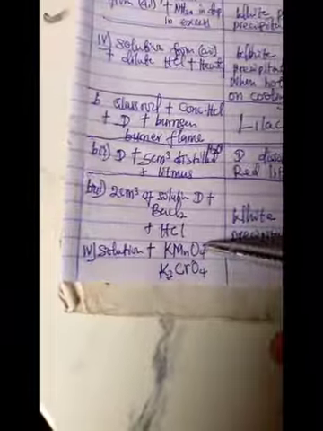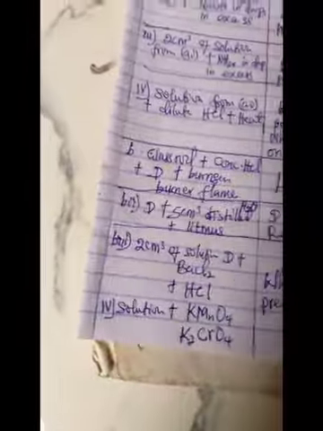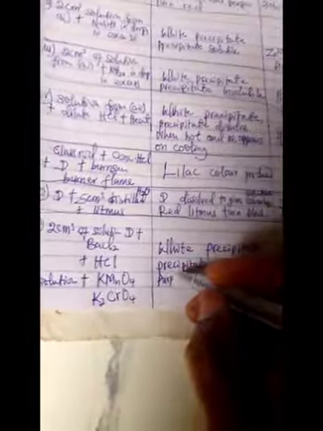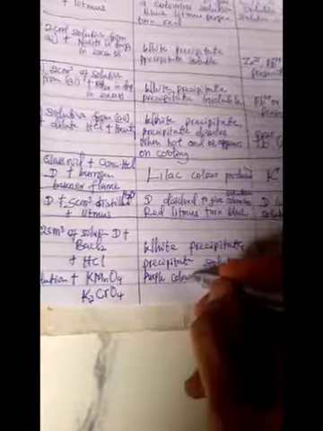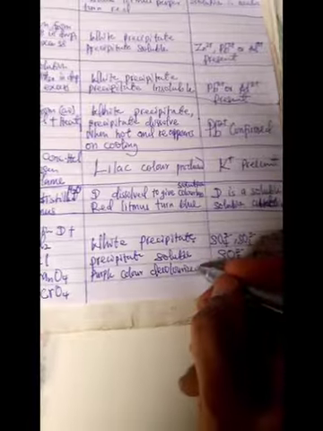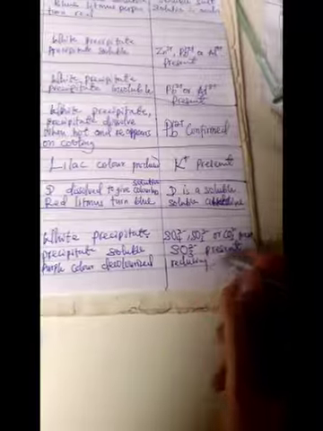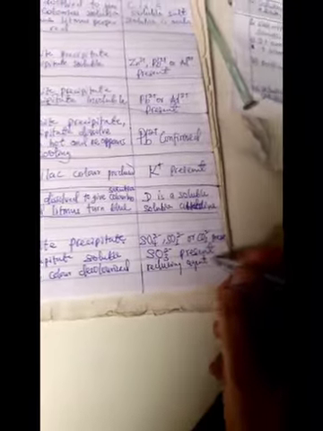So when you use this, the purple color will turn colorless, it decolorizes. So we'll say the purple color decolorized. So what will you say? Reducing agent is present. Only a reducing agent can do this.